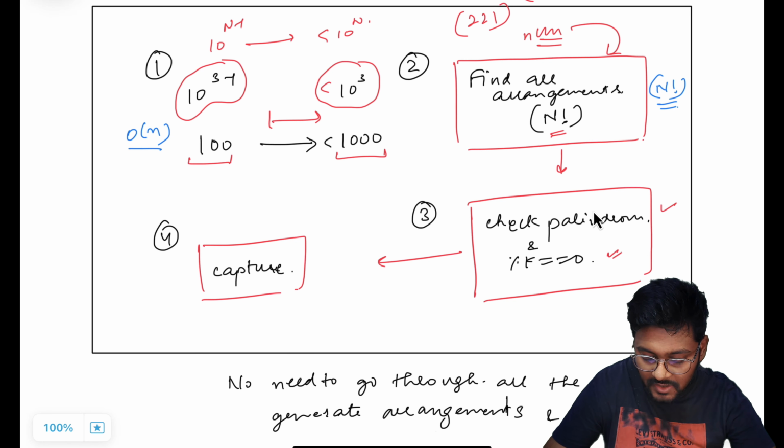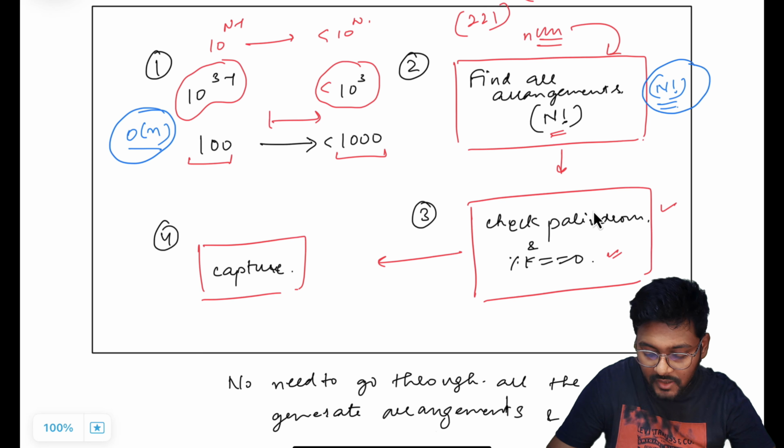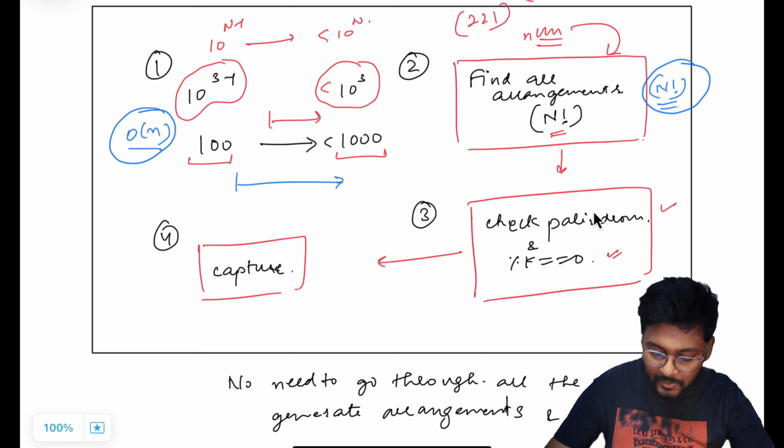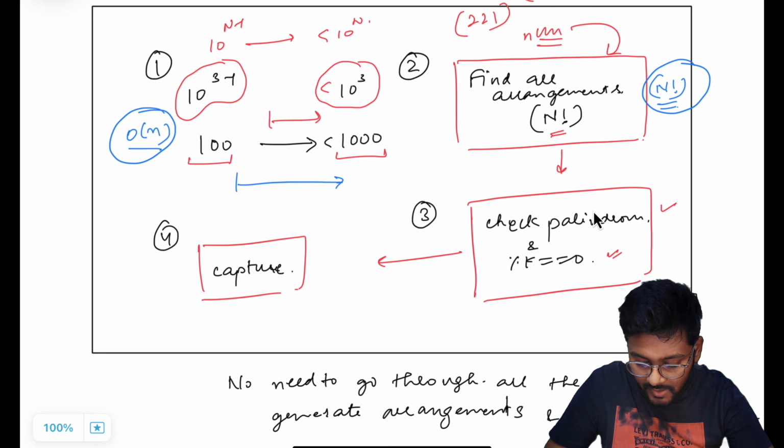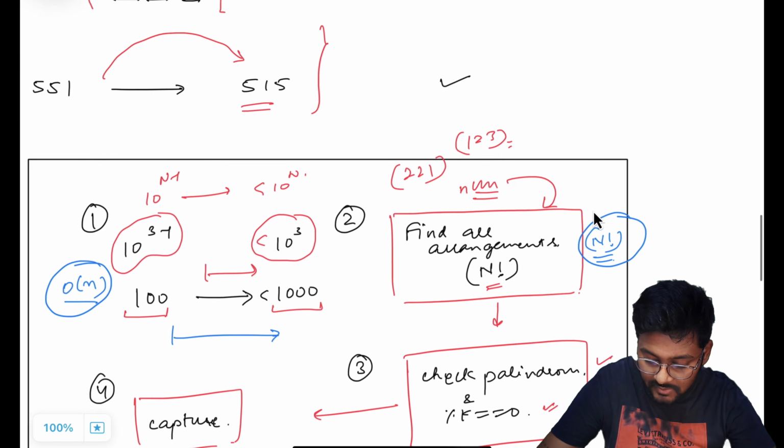So this time complexity is very high, and if we go through all the numbers, it might be a very heavy operation.